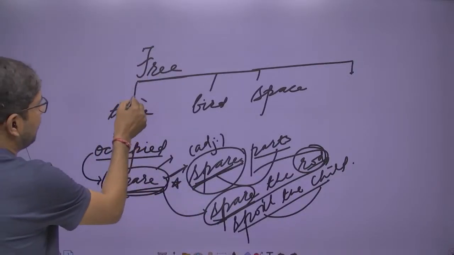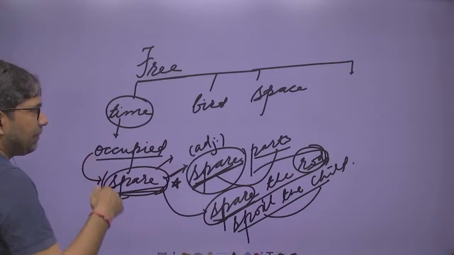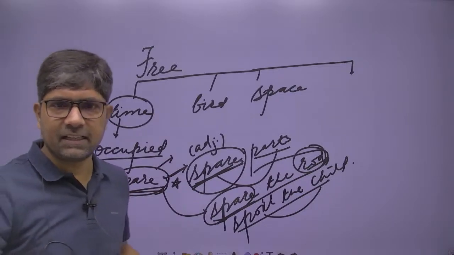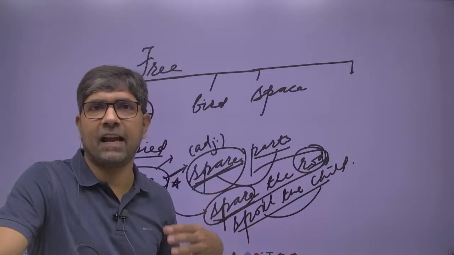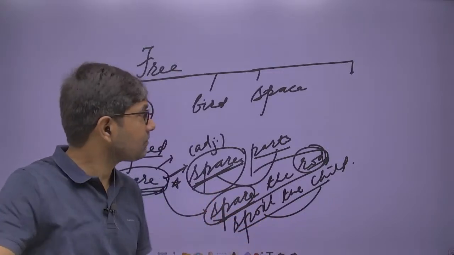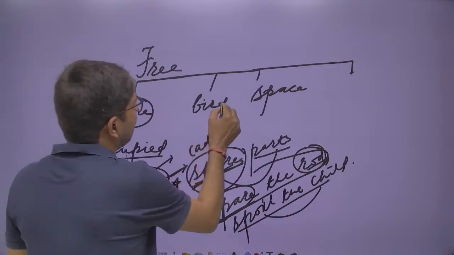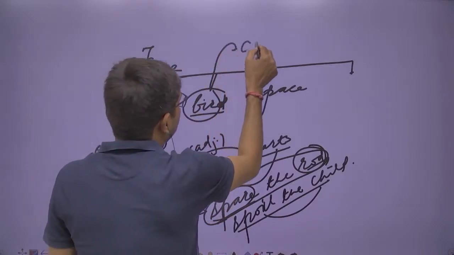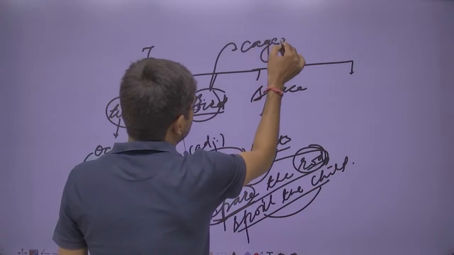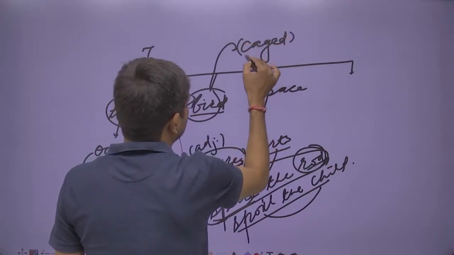If it is free time, means this period is available, it is extra, it is additional. If you say it is a free bird means that bird is not caged, पिंजरे वाला नहीं है.